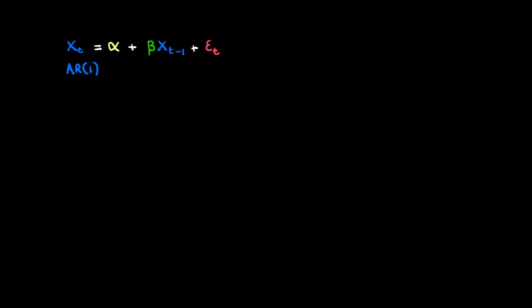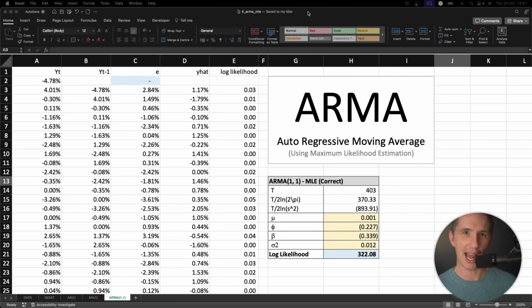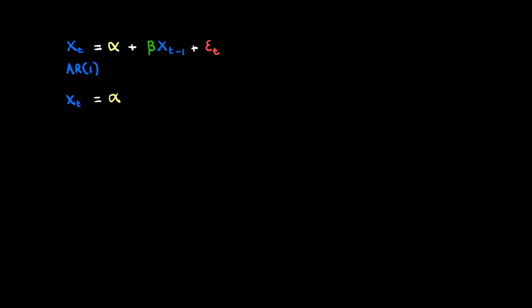But now we don't just have to model this based on its prior lag. We can also model it based on its market shocks, or these very residuals. In which case we could say that X sub t is equal to alpha, some constant, plus some coefficient. I won't call it beta now. We'll leave that for the AR model. Let's give it a different name. I'll call it phi.